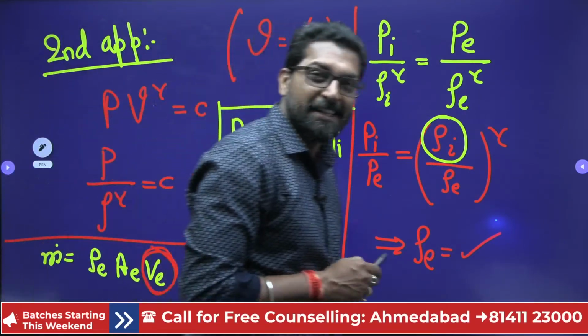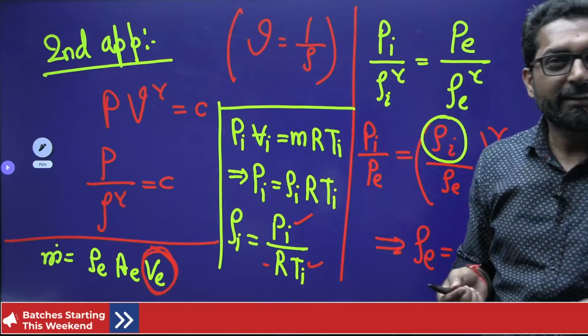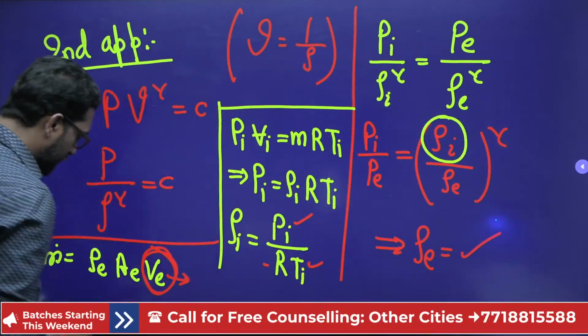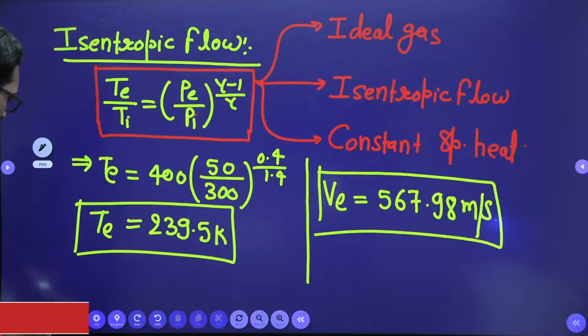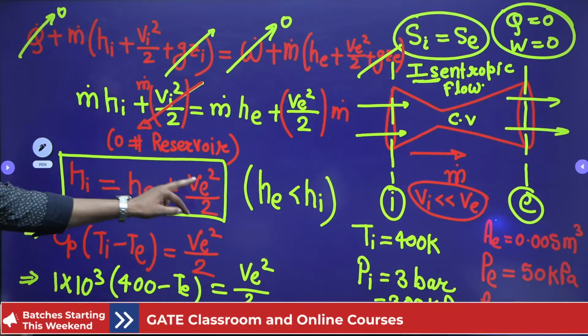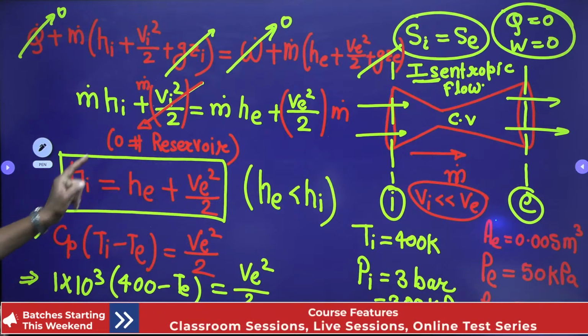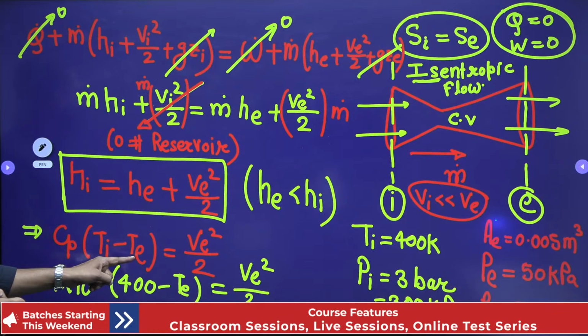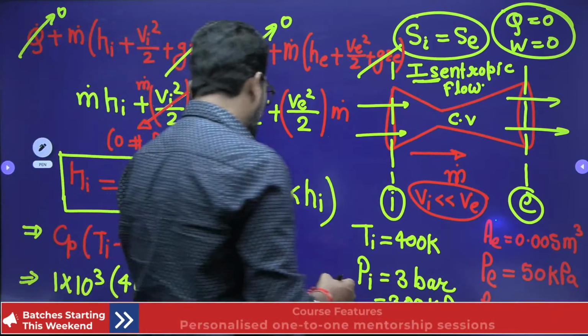For the exit velocity, you can apply the steady flow energy equation. But from here you don't have the exit temperature, so first you can find the exit temperature.